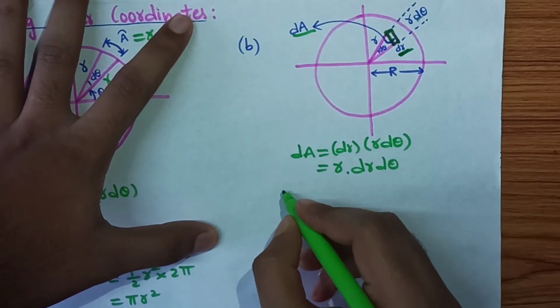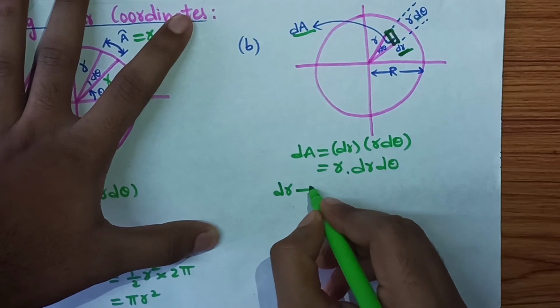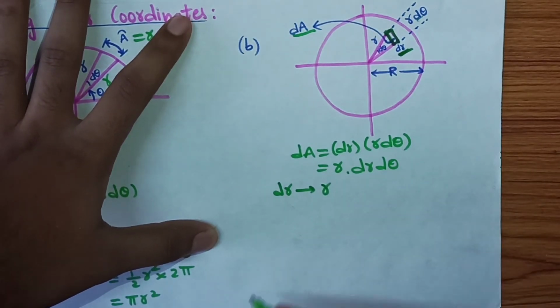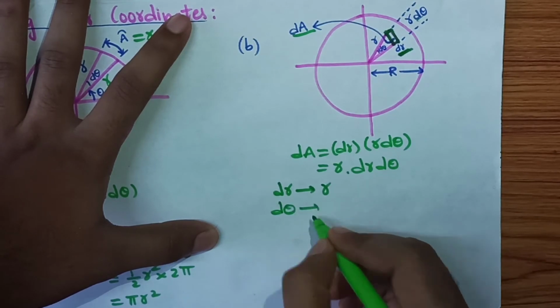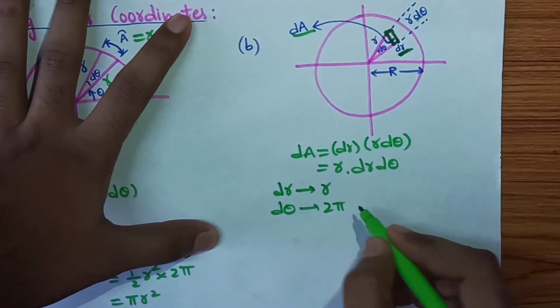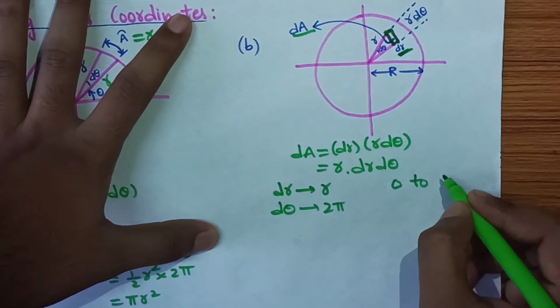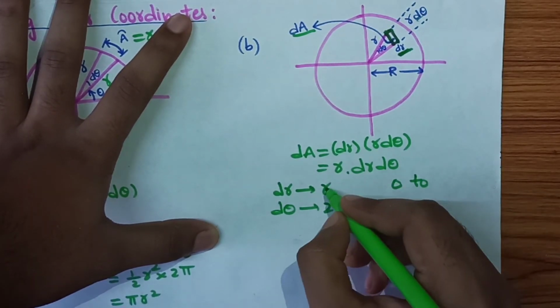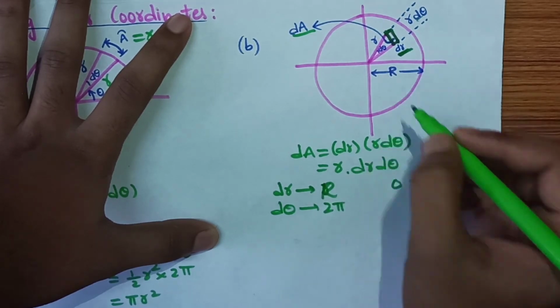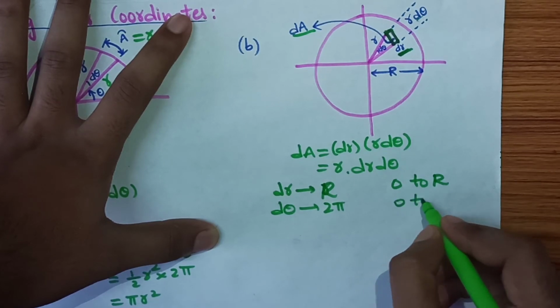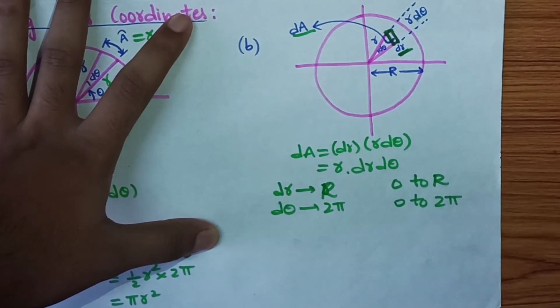The limit of this is our angular radius, it is going to be r, and also our small angle 2 pi. So our radius limits are 0 to r, and 0 to 2 pi.